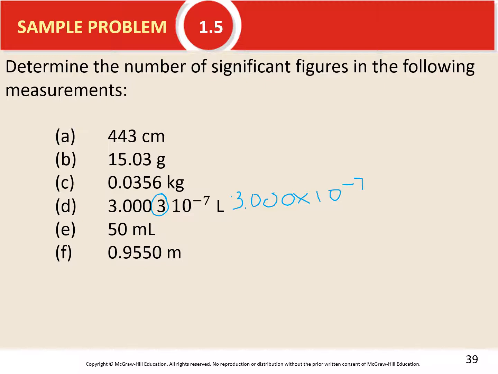So letter A has 3 significant figures, and I could write it in scientific notation as 4.43 times 10 to the 2. 15.03 has 1, 2, 3, 4 sig figs. That 0 is counted because remember it's considered a captive 0.